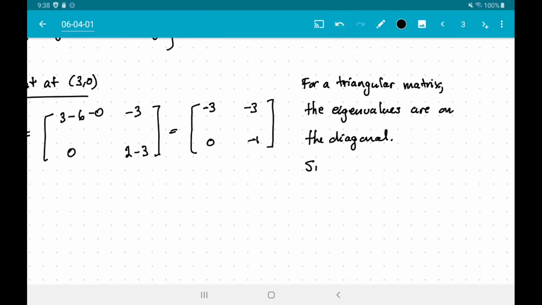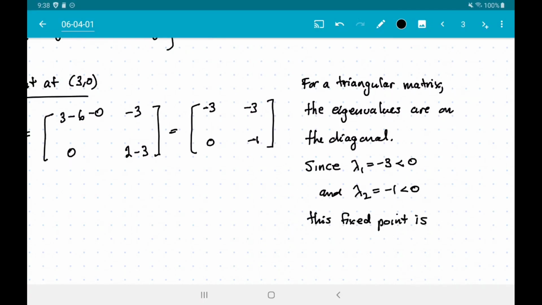Okay, well, since lambda 1 equals negative 3, that is less than 0, and lambda 2 equals negative 1 is less than 0, this fixed point is, well, what do you think it is?